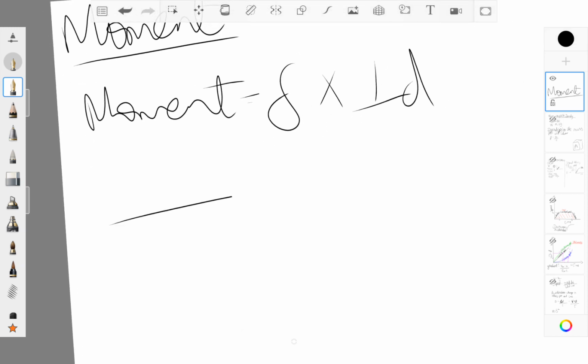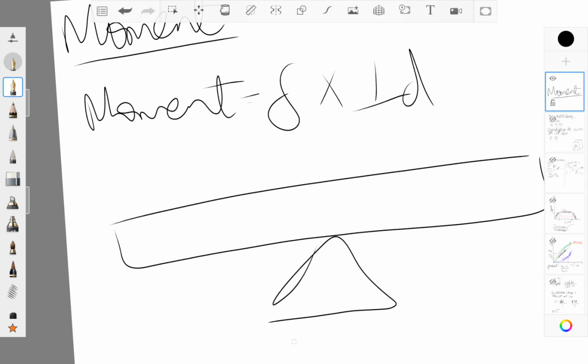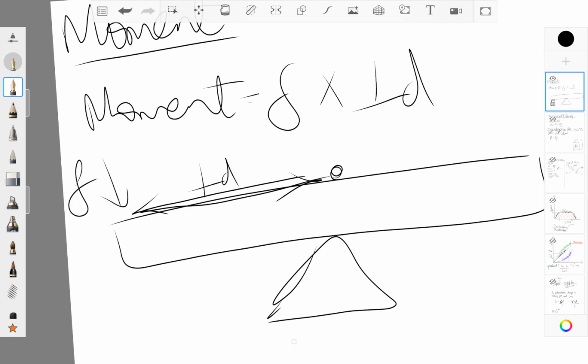So if I have something like this, a beam balanced on a pivot or a fulcrum, and a force acts on this side, this is the perpendicular distance. This force F times the perpendicular distance is the moment or the turning effect that occurs on side A of the solid beam.